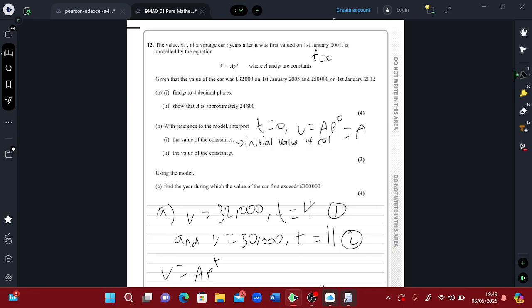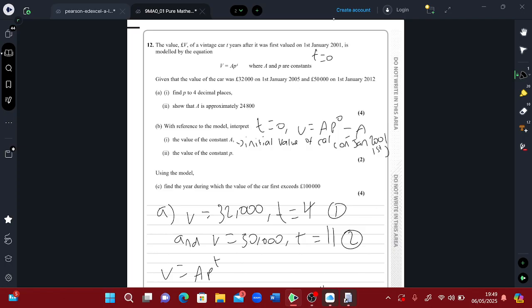Obviously, on January the first, 2001, at the start of the model. So that's the initial value of the car before it starts to depreciate, then goes vintage and appreciates in value. And then P. Notice it's P to the t.